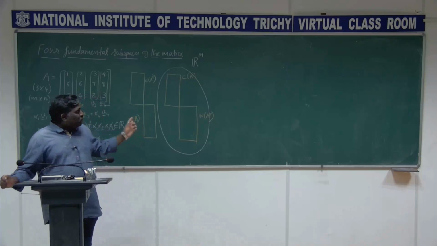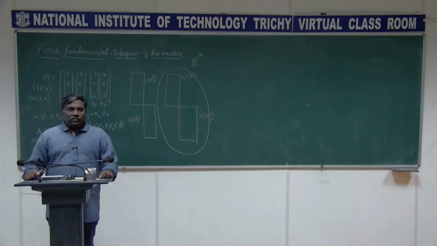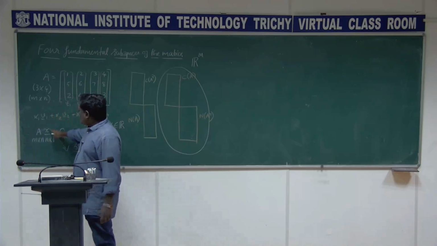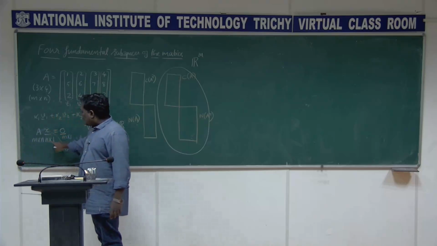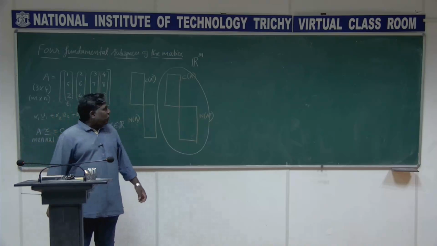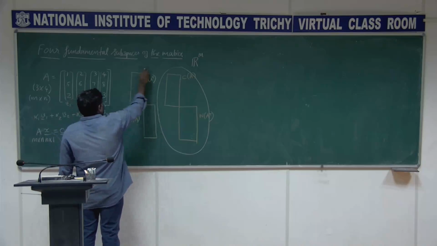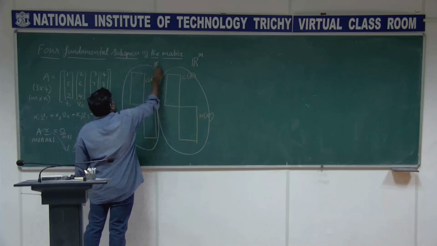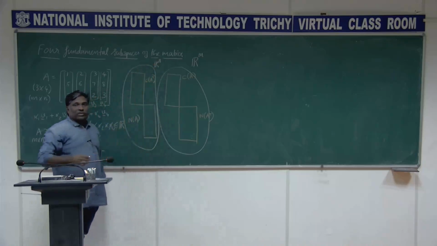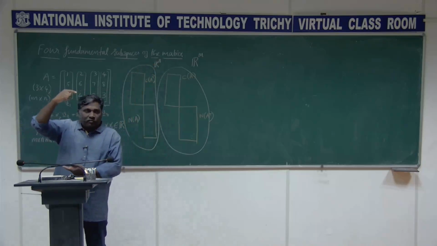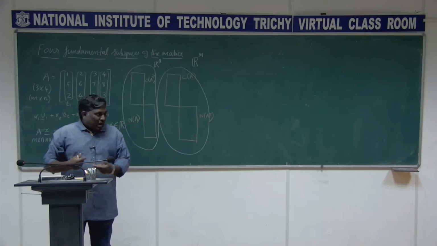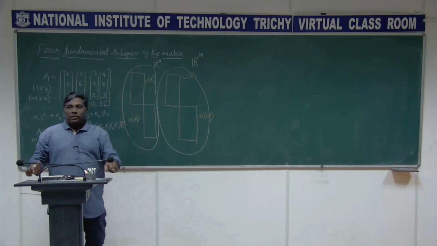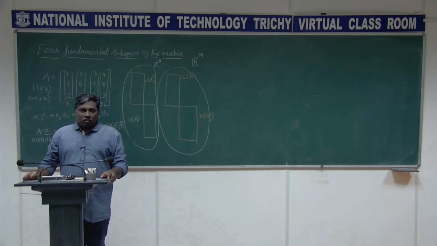We discussed the column space of A, and this is what we call the null space of A. The number of elements in this space is n cross 1. Rn is the complete space with vectors filled up with n elements, and this null space of A is going to be a subspace of Rn.